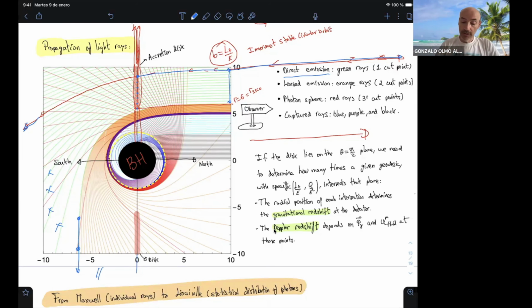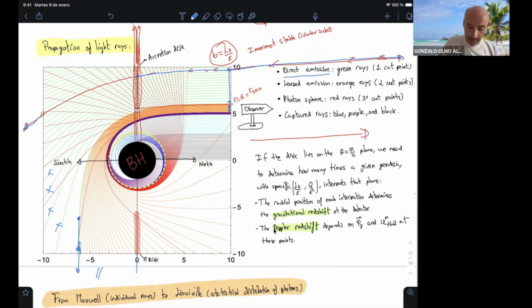Good. Because then we have the other part, the orange geodesics. These orange intervals are determined numerically, okay? These orange geodesics, as you can see, the first one is very close to the green one. This hits the accretion disk, or at least the equatorial plane, okay?